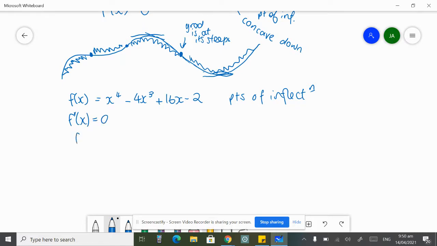So first of all, we find f dash of x, 4x cubed minus 12x squared plus 16. And then we double differentiate it. So that becomes 12x squared minus 24x. Now we put that equal to 0 for the points of inflection.